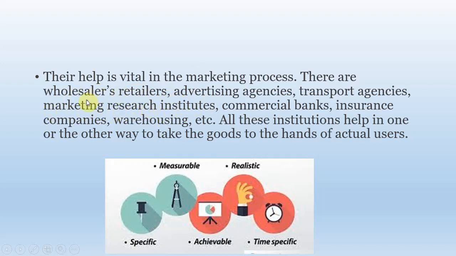This kind of research, marketing research institutions, commercial banks, insurance companies, warehousing, etc. All these institutions help in one way or another to make the goods reach the actual users.